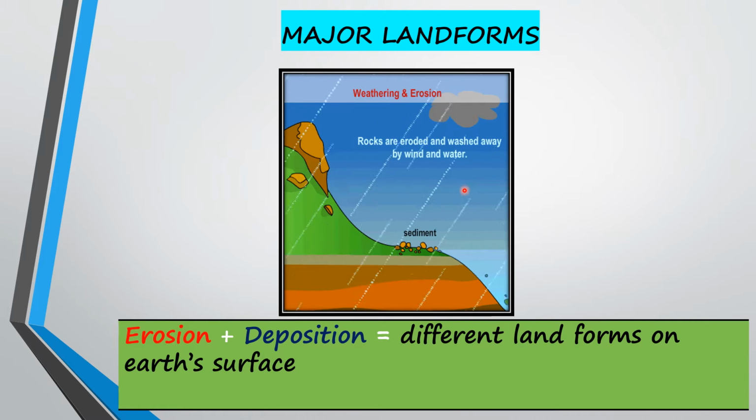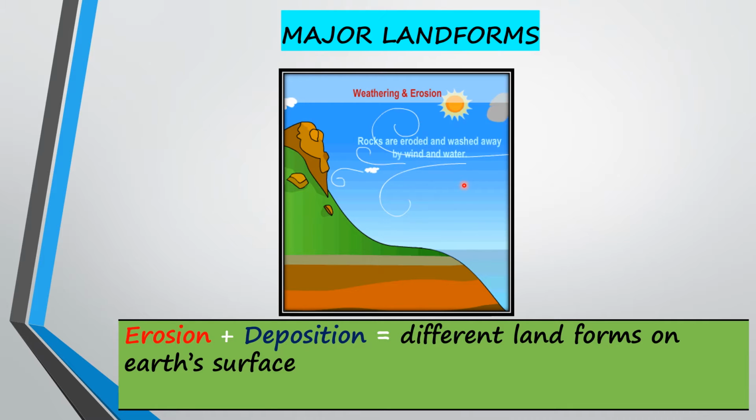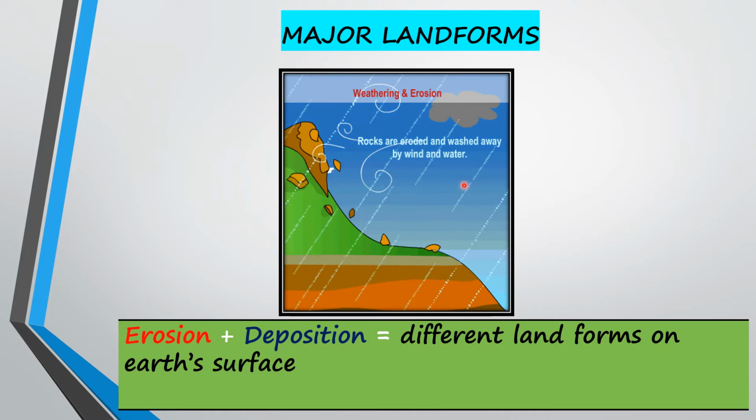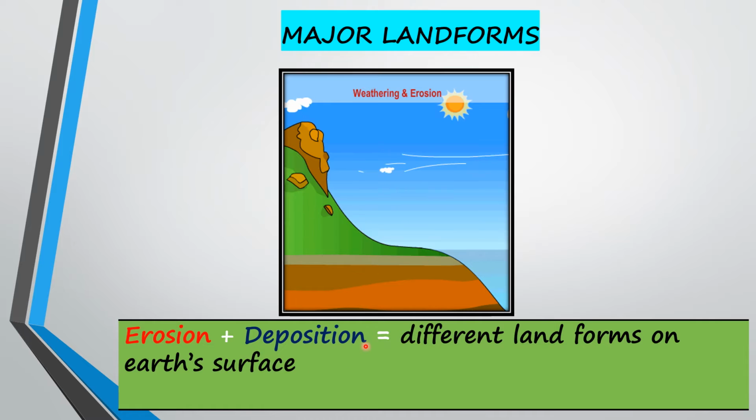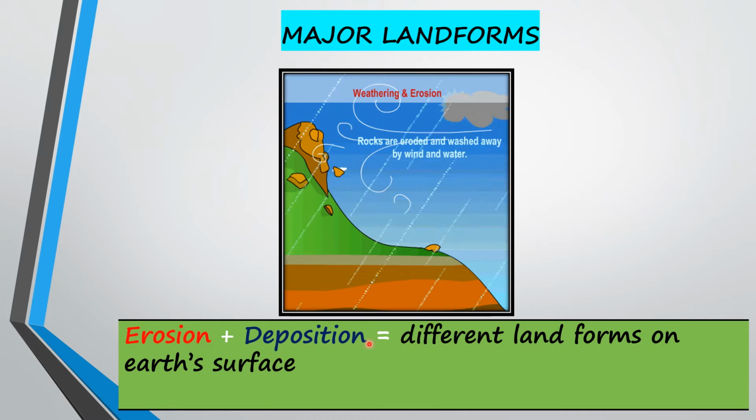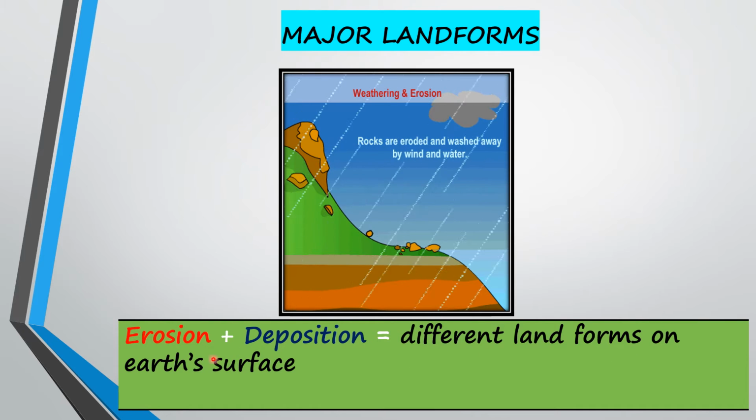What happens to the eroded material? Any idea? The eroded material is carried away or transported by water, wind, etc., which are called the eroding agents. And eventually it gets deposited elsewhere. Now, this process of erosion and deposition creates the different landforms that we observe on the Earth's surface.